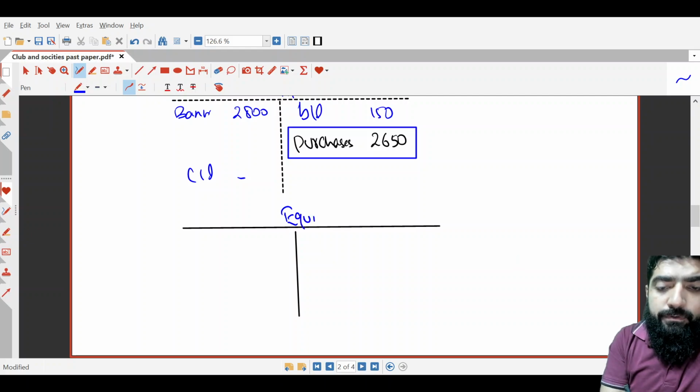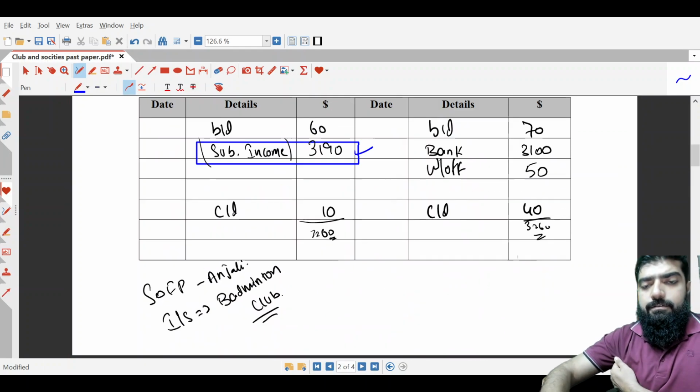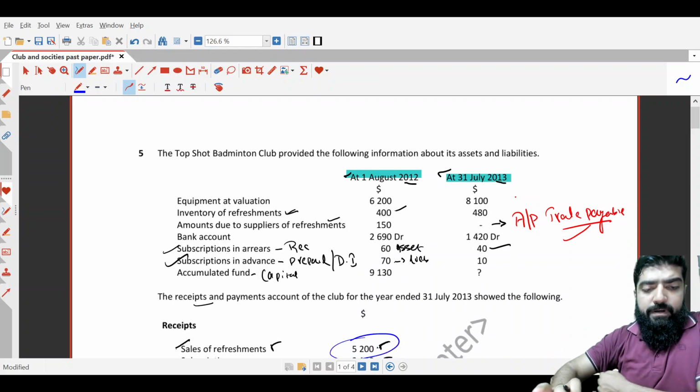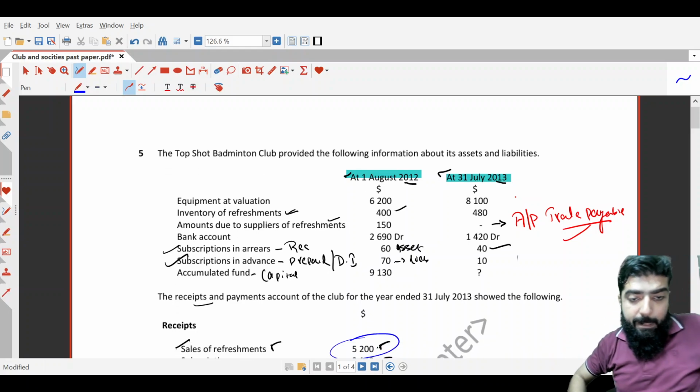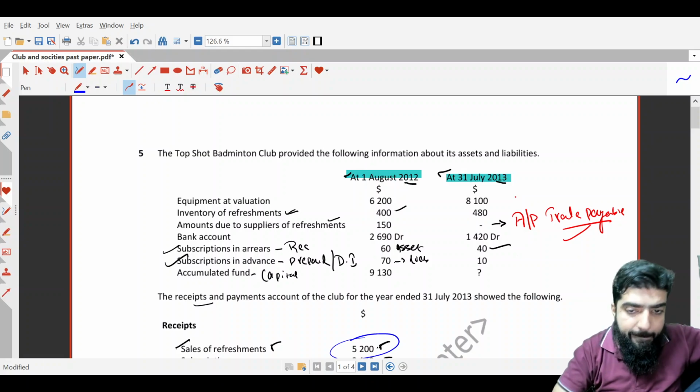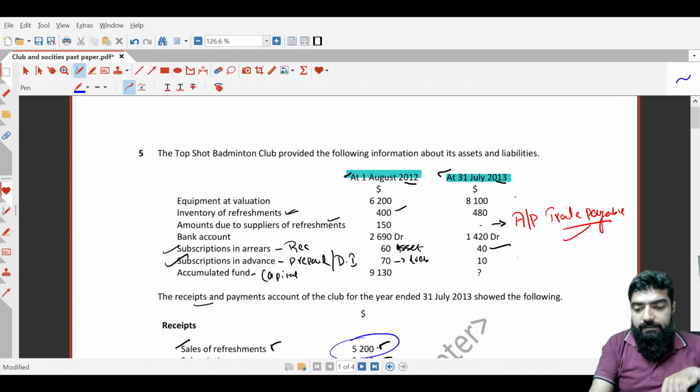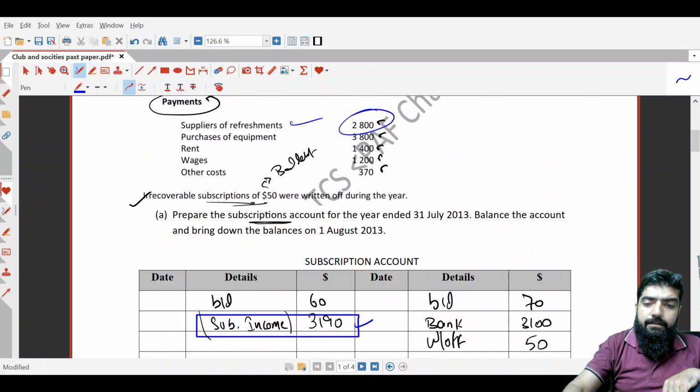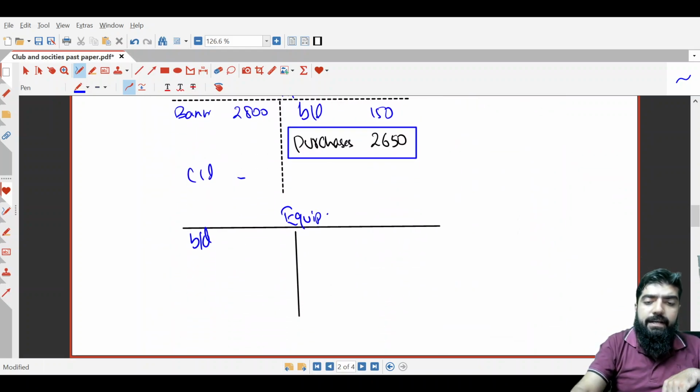First we will put the opening balance of the equipment, which is given in the question, right? The valuation, so this is a valuation method. How much is it? 6,200 is the opening balance, and now the closing balance is 8,100, right?